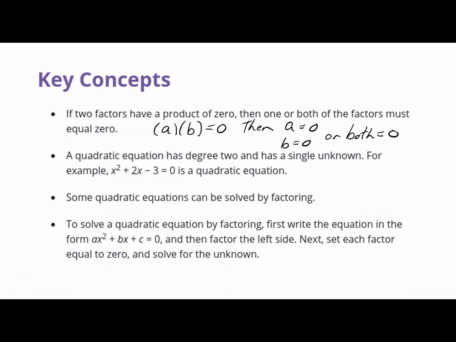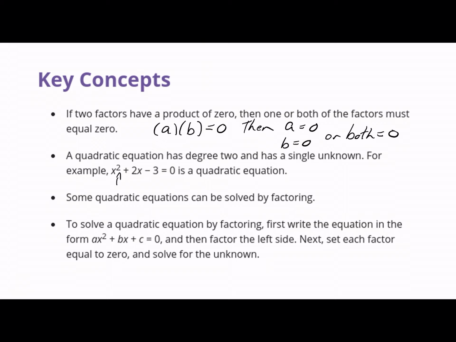A quadratic equation has degree 2 and has a single unknown. For example, x squared plus 2x minus 3 equals 0 is a quadratic equation. All right, so basically a quadratic equation has a 2 in it, has a squared. We knew that.